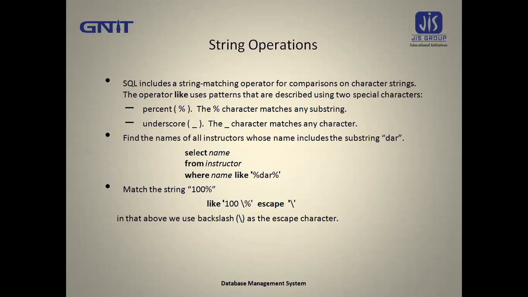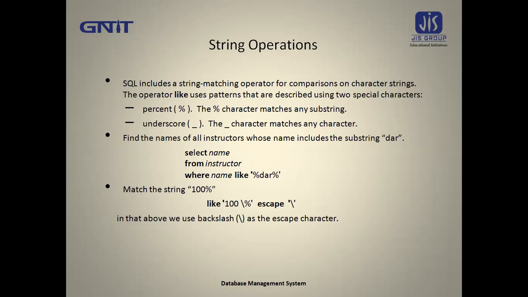Suppose the query is: find the names of all instructors whose name includes the substring DAR. So I want to print the name of all instructors whose name has this substring DAR somewhere in it, like Shamaddar, right?